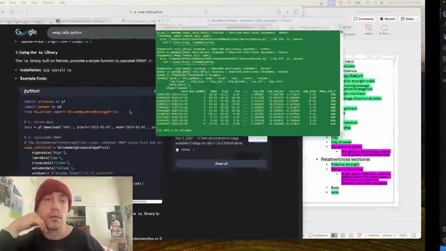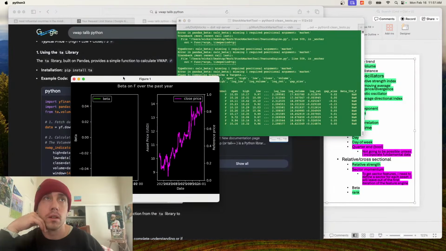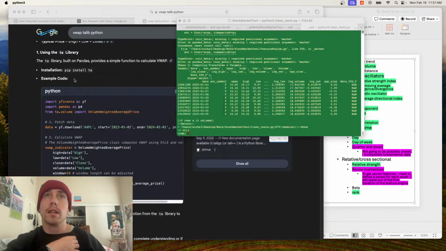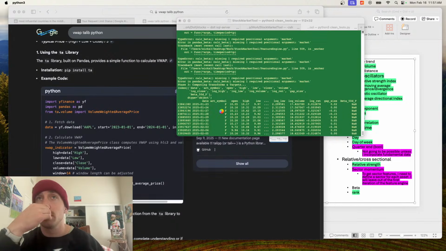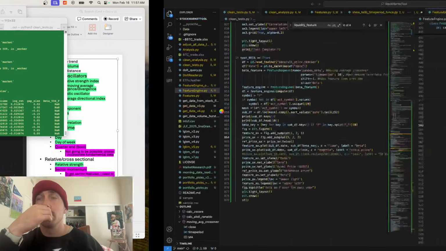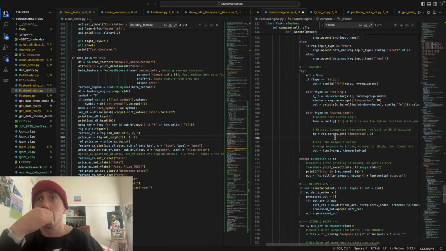Well, that's still not working. But it's because it's not passing in. Just getting an error every time. Missing one required positional argument market.